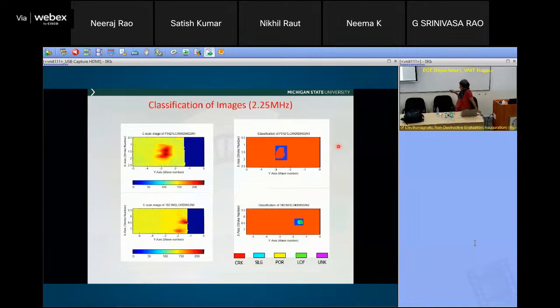What you see here is that part of it is lack of fusion, and there's also some slag in the same area. So we had a real-time analysis of the large amount of data that was created by the Navy in inspecting their welds. That's one example of an inverse problem.